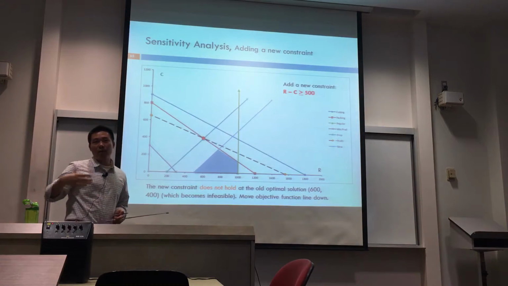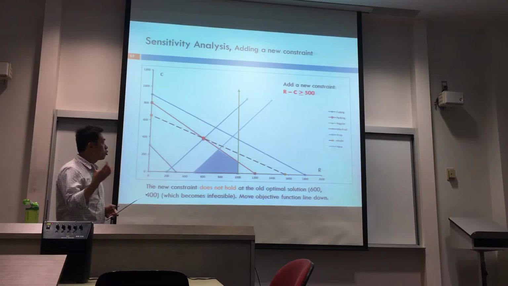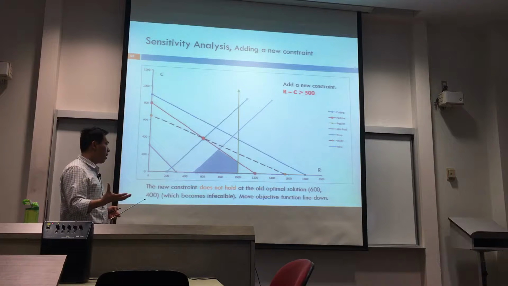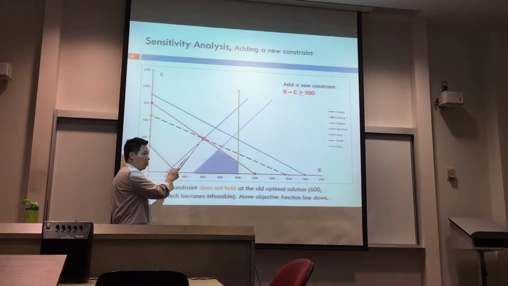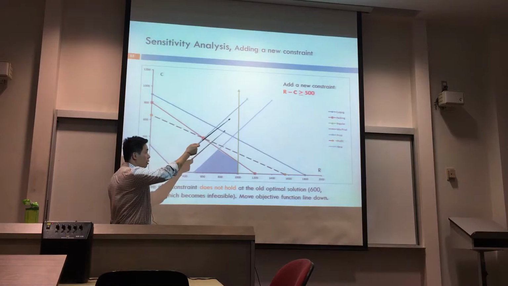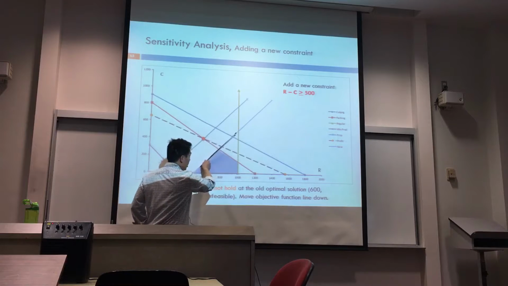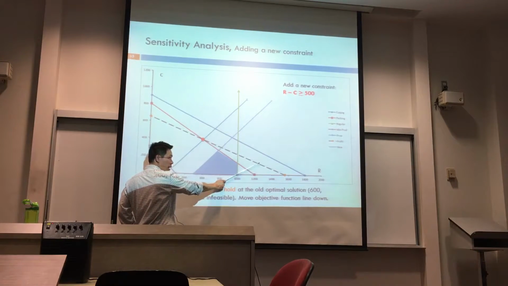Of course, another possibility is that the new constraint you add actually cannot be satisfied at the original optimal solution. If that's the case, for example, if that is the new constraint, then you have to go to the other side, right?